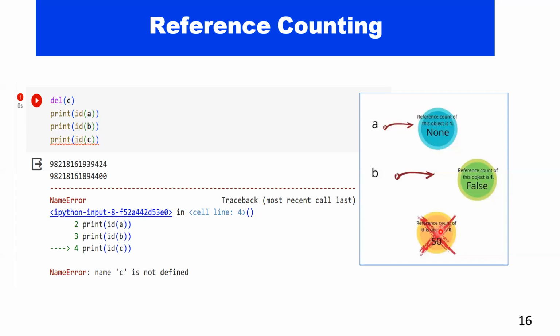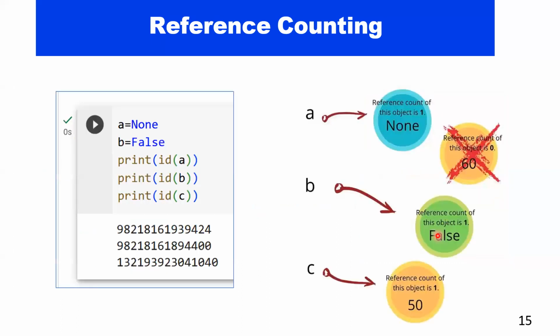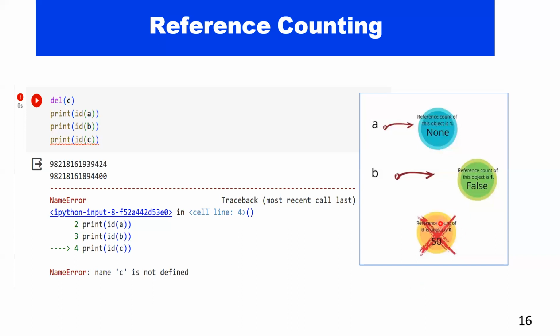In such a case, the reference count of this object is 0. Earlier it was 1 when C was pointing to this object. Now, since C is being deleted, there is no variable that is referring to this object. So the reference count of this object now becomes 0. In such a case, the memory will be freed up.